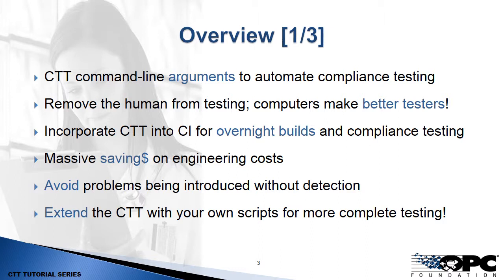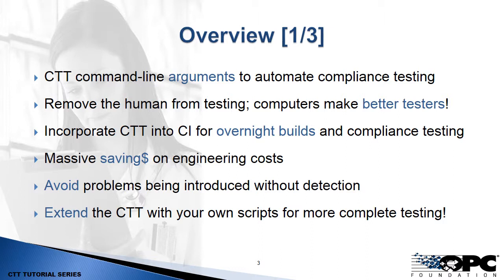If you incorporate the CTT into a CI, you can accomplish automatic background compliance testing as part of your overnight build process. And this can make massive savings on engineering costs and re-engineering costs. You can also detect problems much sooner, and therefore prevent them from making it into your production release code.